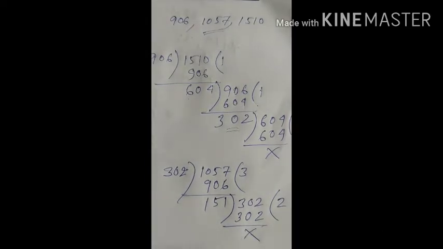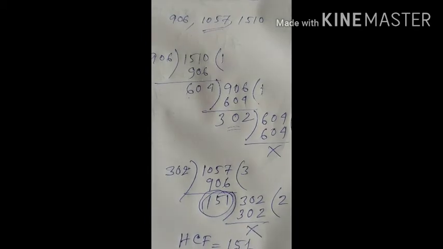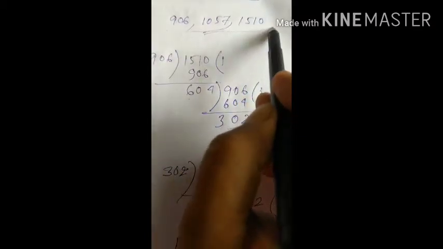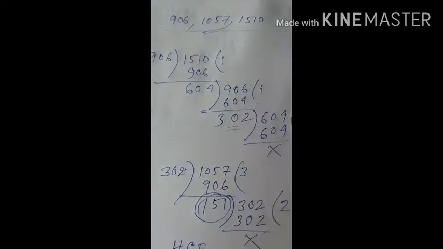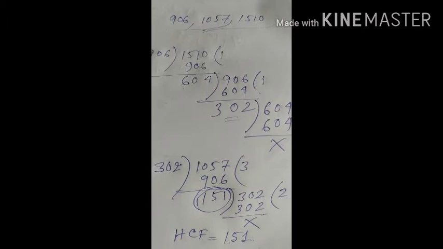We get HCF equals this number, that is 151. You can also find the HCF of these numbers by prime factorization method, and the result will be the same as my result. Okay.